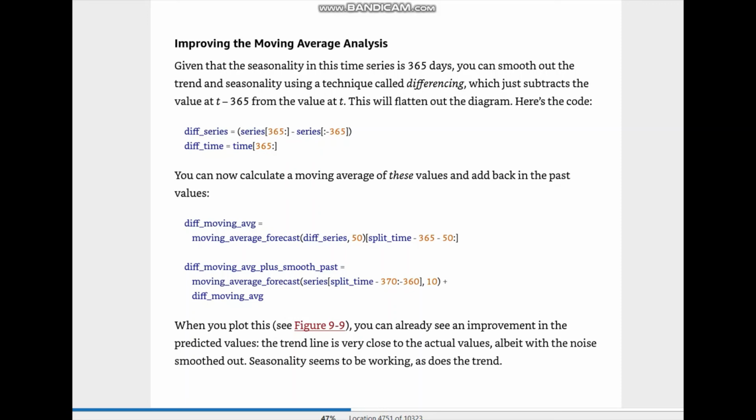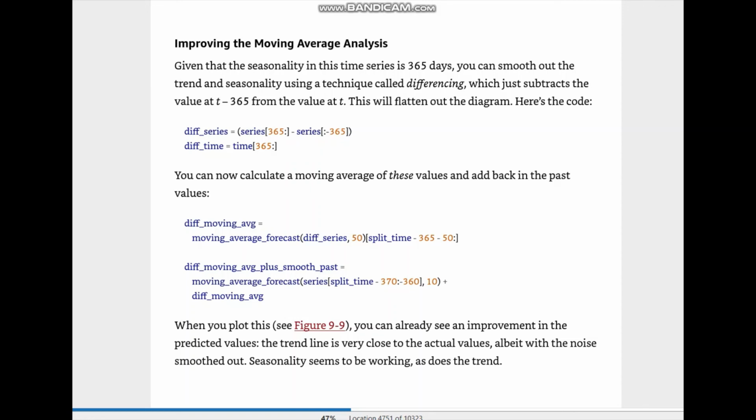So we take the difference moving average and we pass in the diff series and 50 with the split time, and also we have a function of diff moving average plus smooth past, and then we pass it the same forecast, right, with the different time series.